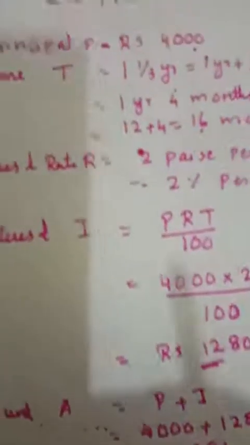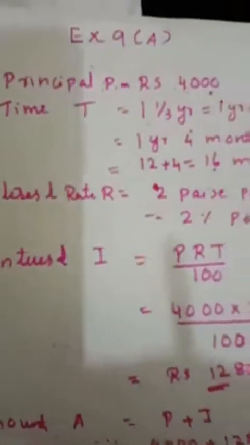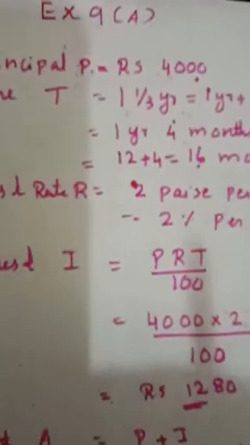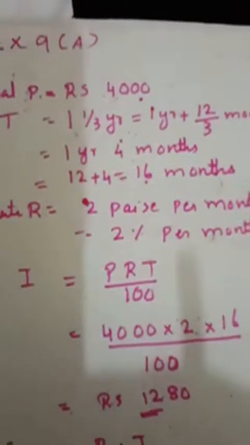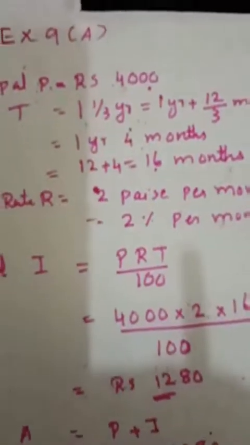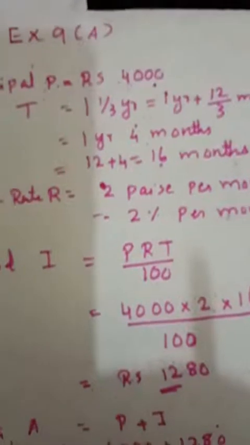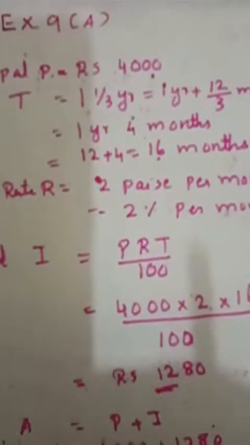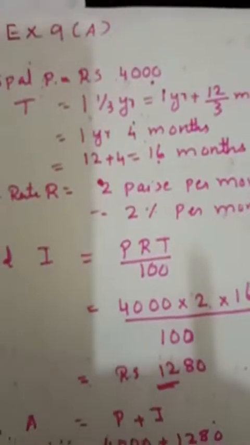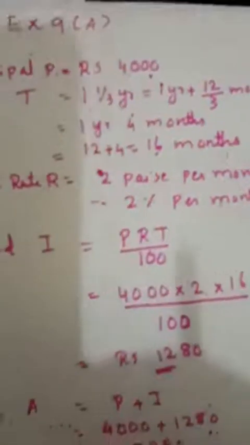5,280. Clear? First principal, then time. Time is in year. We want to convert this into month. That is 1 year 4 months. 1 year is 12 months plus 4 months, 16 months.